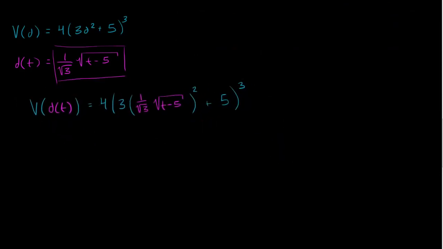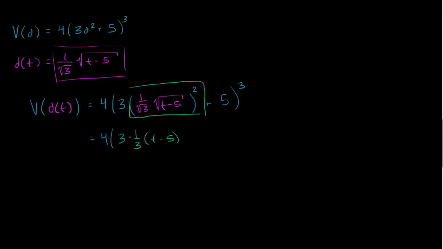All right. So this is going to be equal to 4 times (3 times this whole thing squared. 1 over square root of 3 squared is going to be 1/3, and square root of t minus 5 squared is going to be t minus 5.